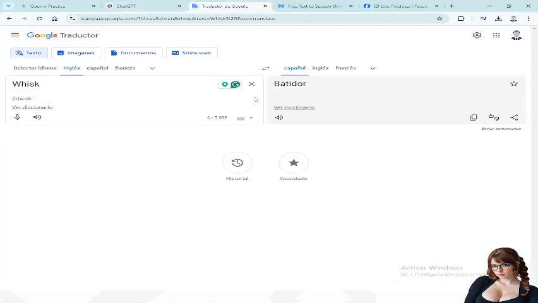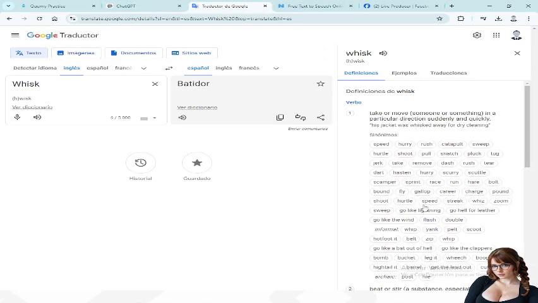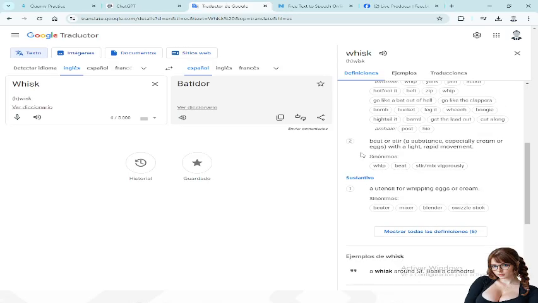For example, crack. In the dictionary, we can see that as a verb this word is to take or move in a particular direction suddenly and quickly, and as a noun, a utensil for whipping eggs or cream.